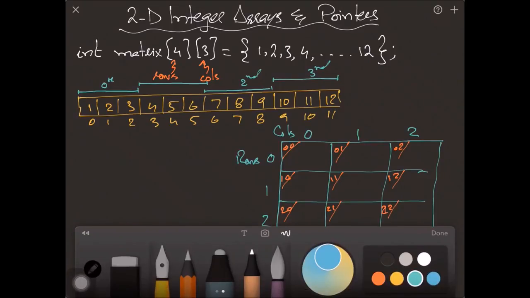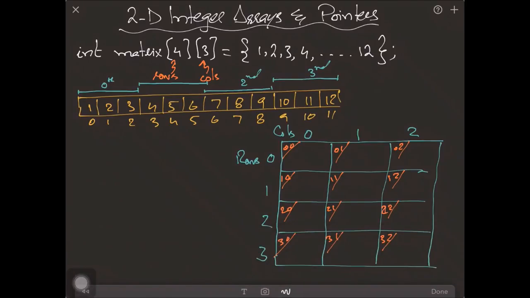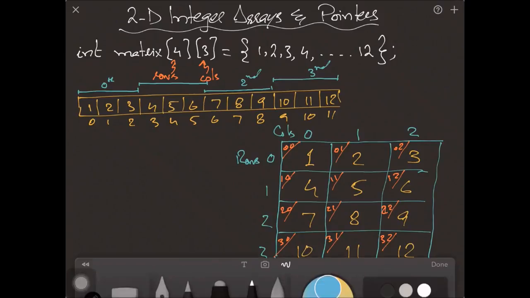And the values inside are, of course, 1, 2, 3, the first row, 4, 5, 6, the second row, 7, 8, 9, the third row, and 10, 11, 12, last row.